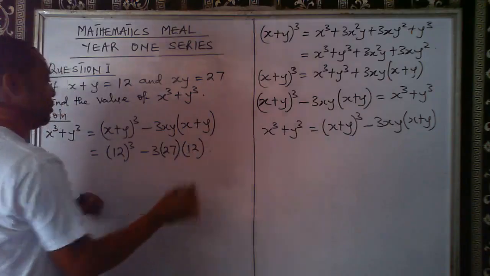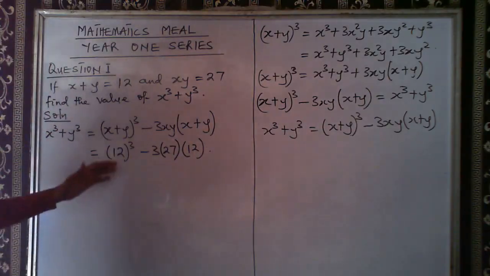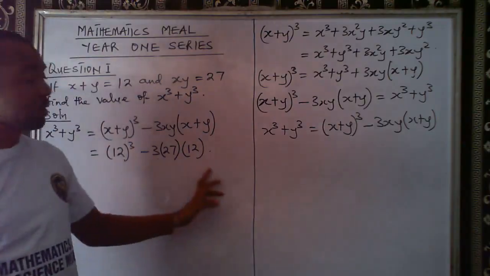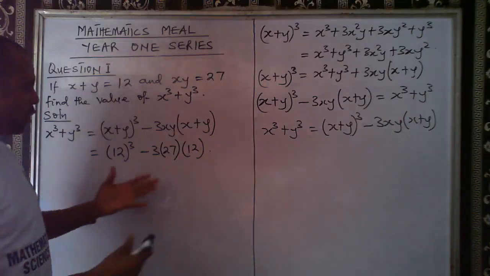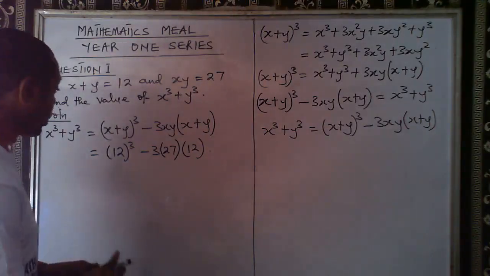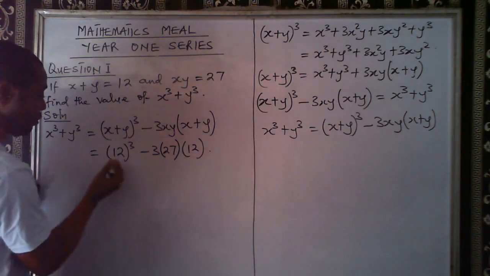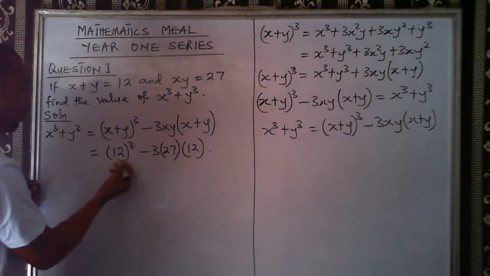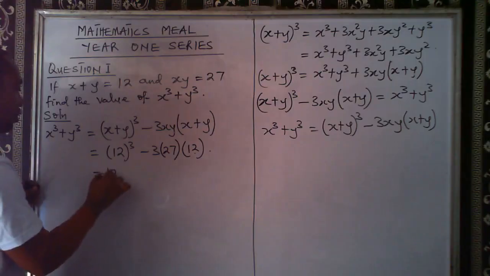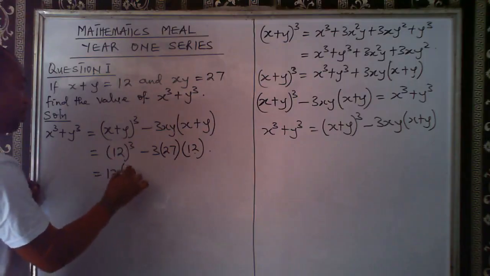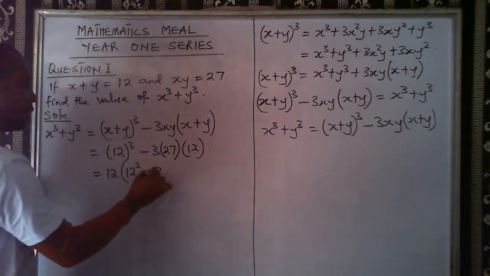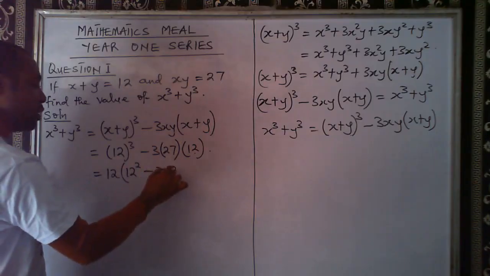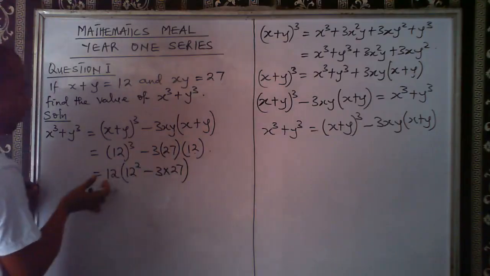Still 12. If we decide to raise this to the power of 3 and multiply, we'll be having very high numbers. So in order to reduce the numbers, we can factor 12. 12 is common here, we have 12 here, we have 12 cubed here. So if I factor 12, I'll be left with 12 raised to the power 2, because I just factored one of the 12s, minus 3 times 27, because this 12 is also gone.